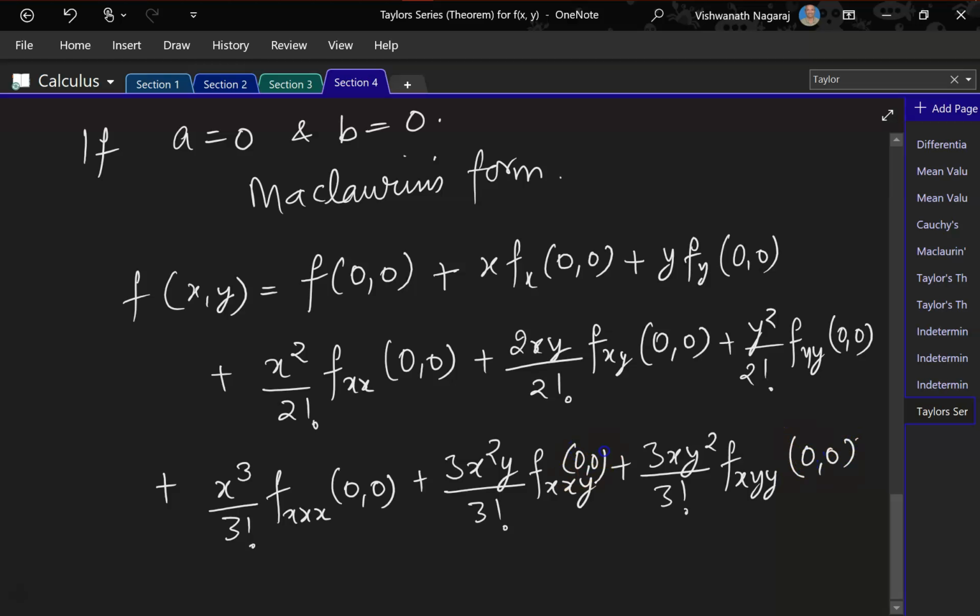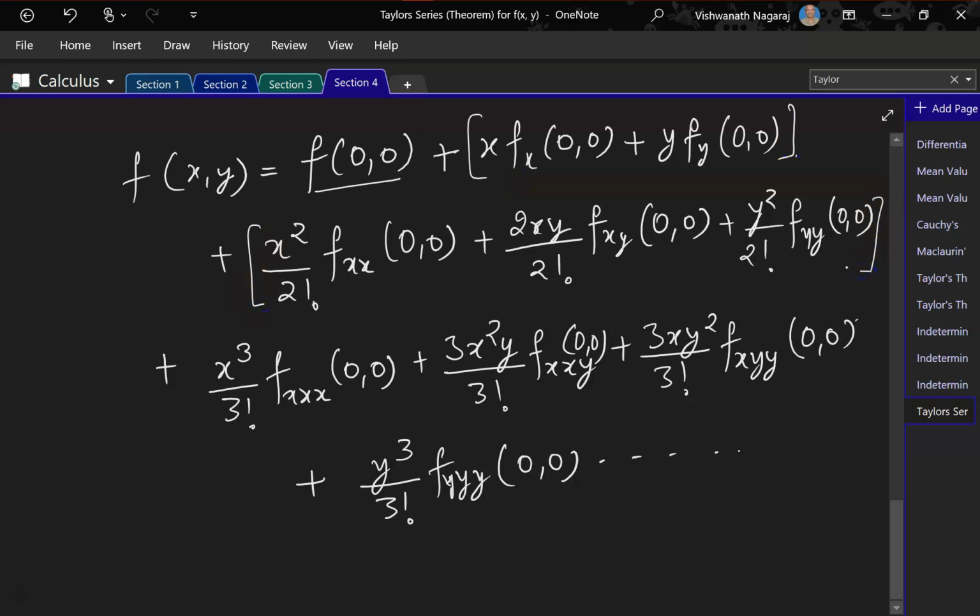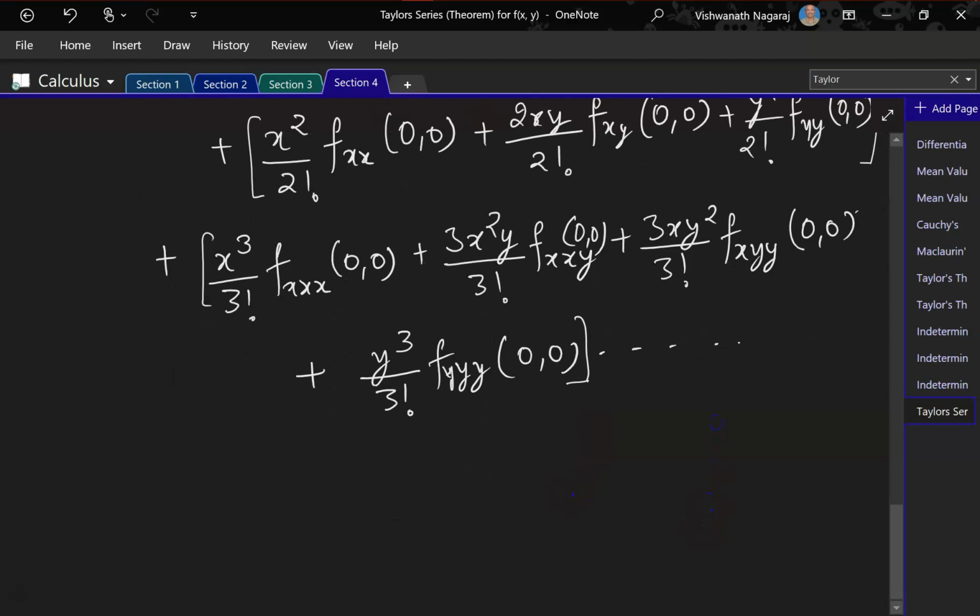This is (0, 0), and finally, no 3 this time, y cube by 3 factorial f_yyy of (0, 0), and so on. Now this is first, this is second, this is third, this is fourth. Okay, now this is the Maclaurin's form of the Taylor's theorem.